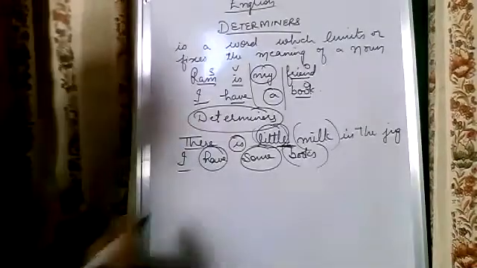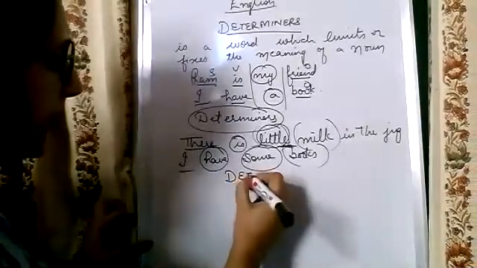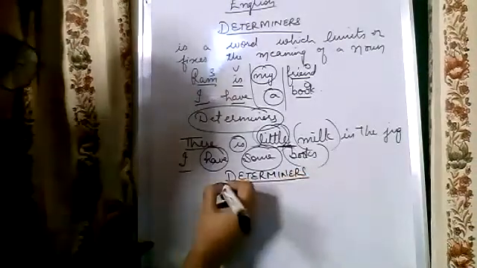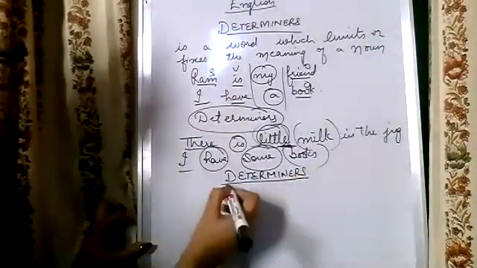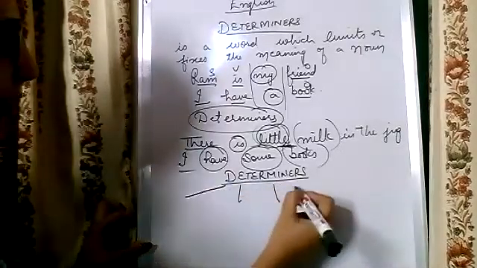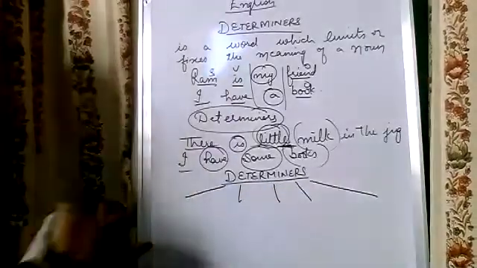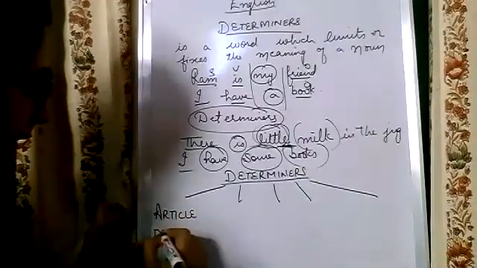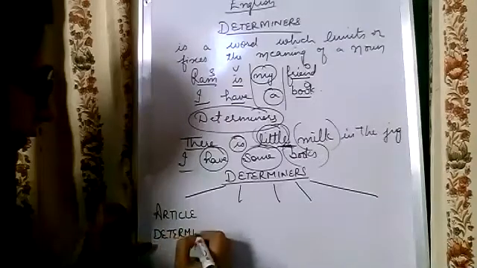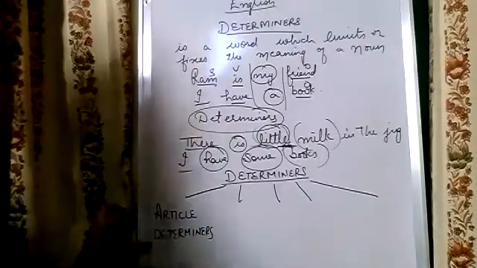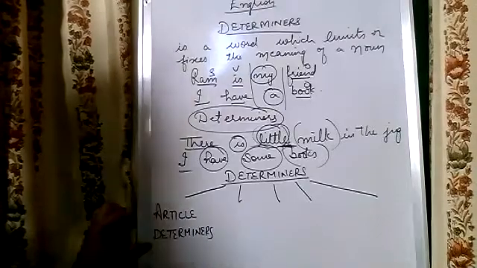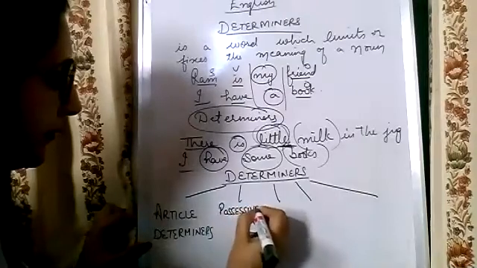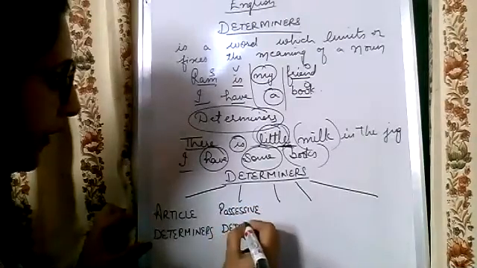So next, how many types of determiners are there? There are mainly 5 types of determiners. First is article determiners, then possessive determiners. Note down in your notebook side by side.